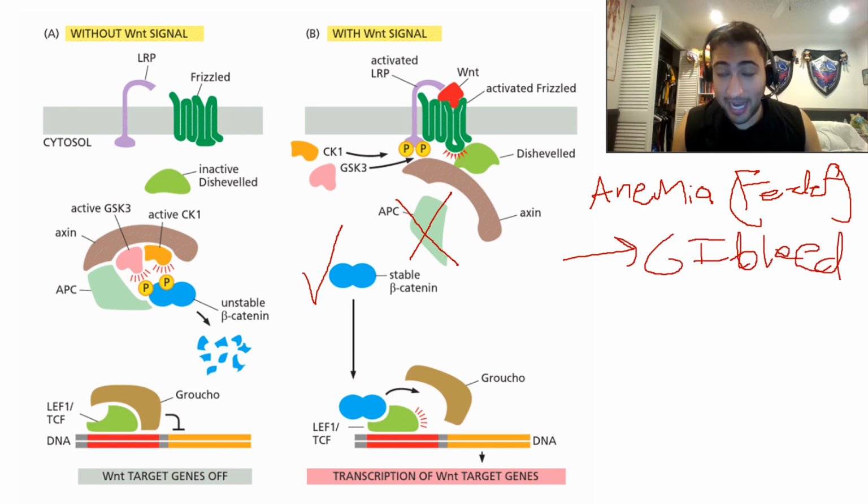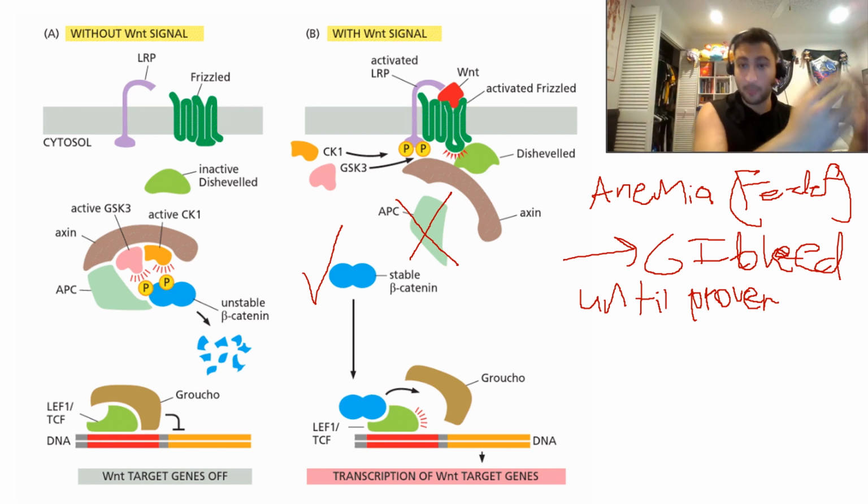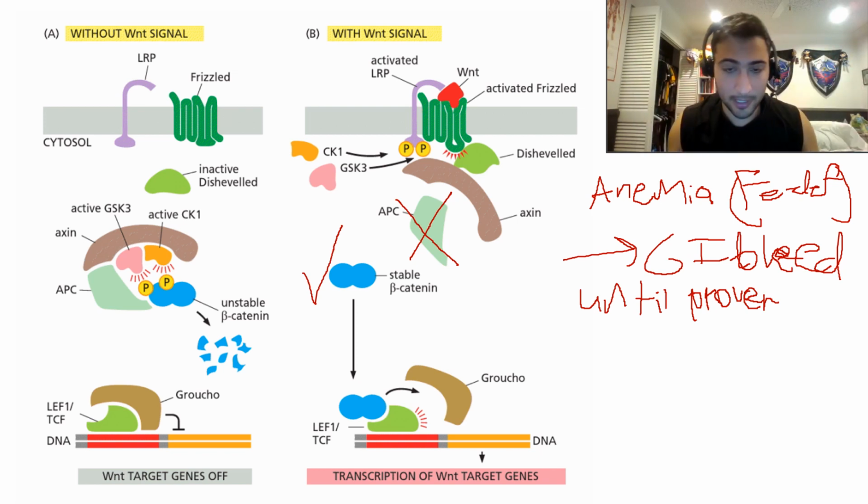An iron deficiency anemia in a male patient is a GI bleed until proven otherwise. In women, you have to think of gynecological disorders as well as GI bleeding. So with women, you have to think of both. With men, you need to think of GI bleeding. This is very important.